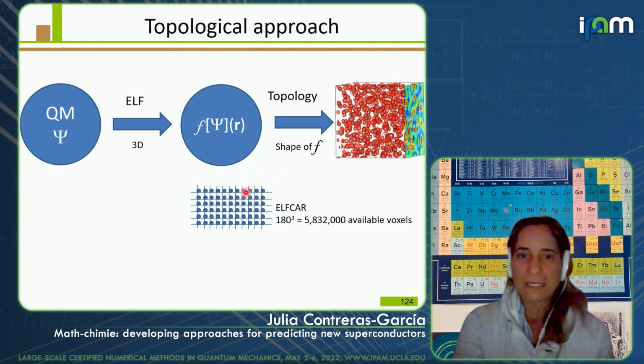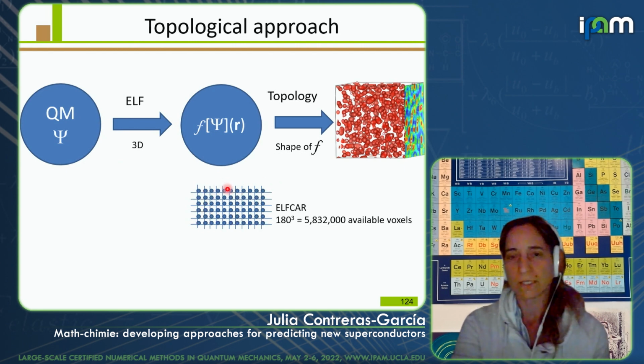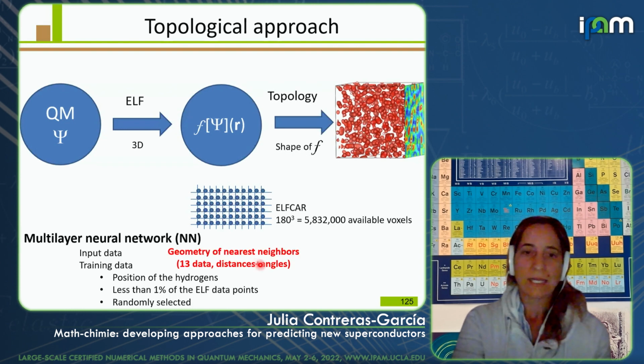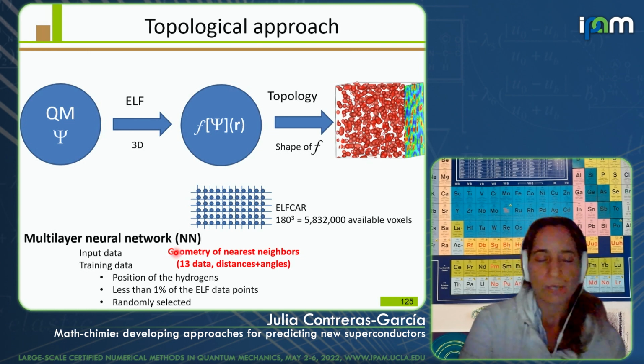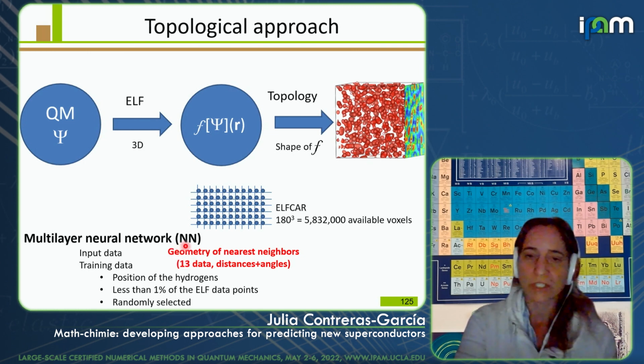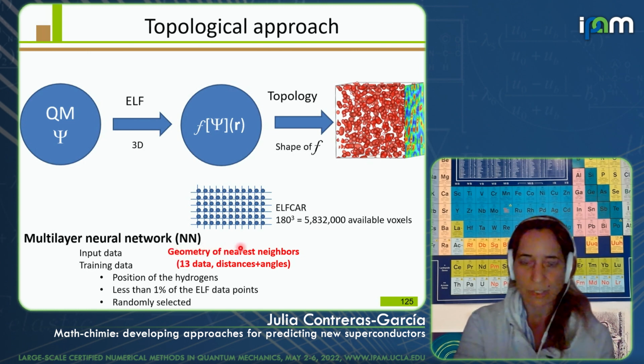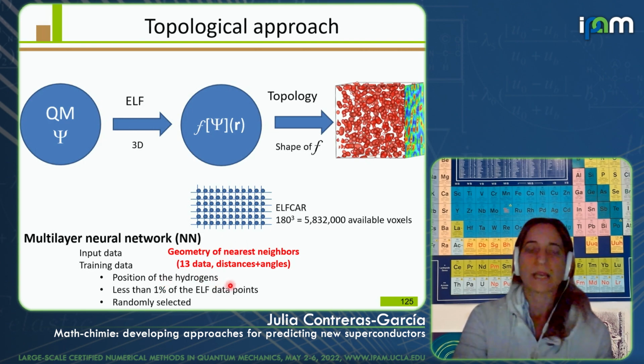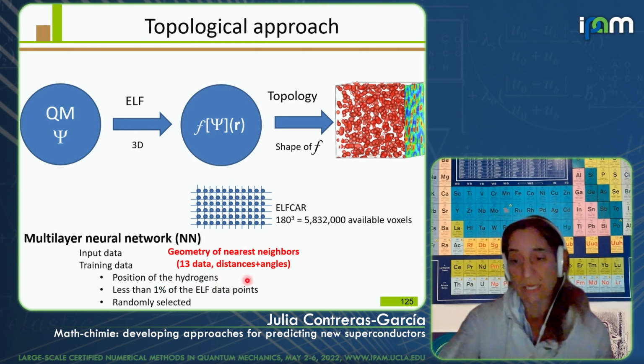Since every grid has lots of data points, they used this data to feed a neural network, using just the geometry of nearest neighbors and 1% of the ELF data points, trying to predict the electron localization.